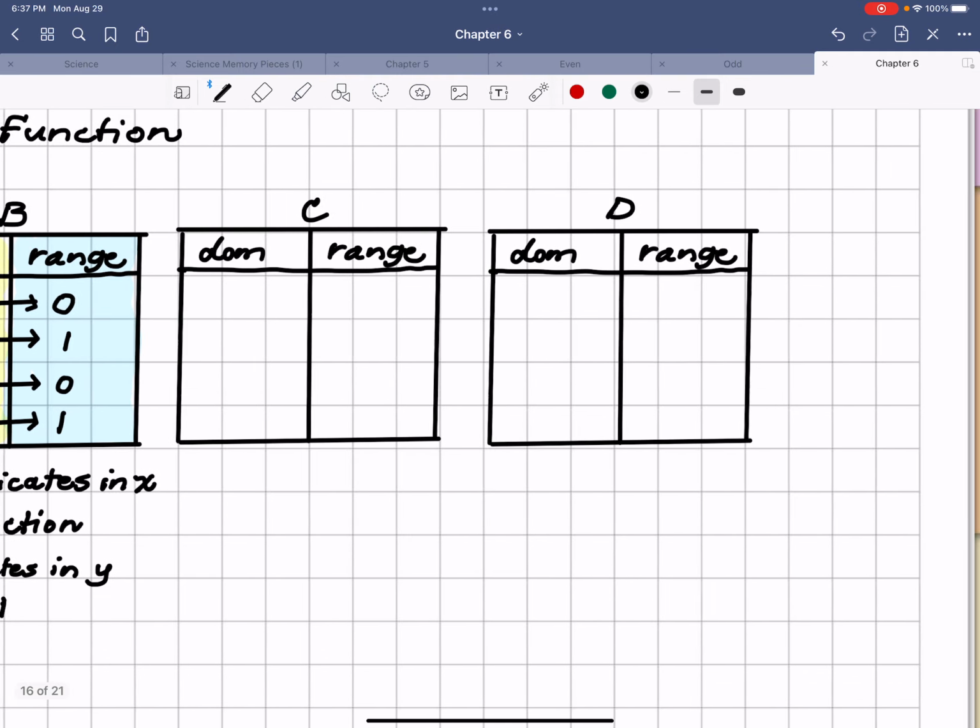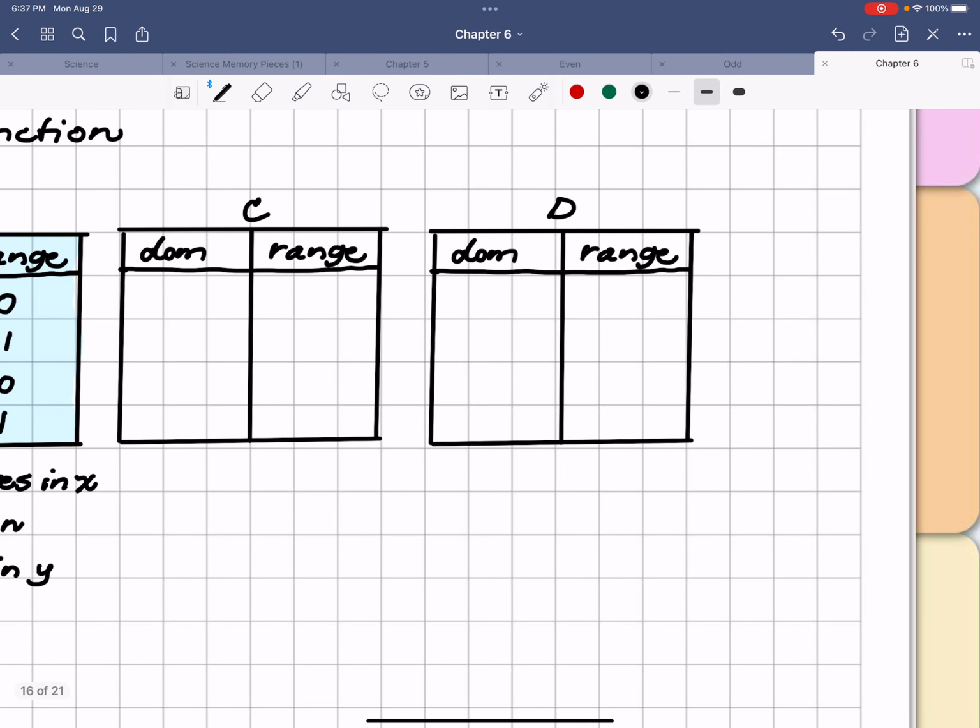Okay. All right, for C, we have -1, 0, -1, -2. Then we have 1, 2, 3, and 4. So let's first look at the x column, and I immediately see a problem. Do you see it too?